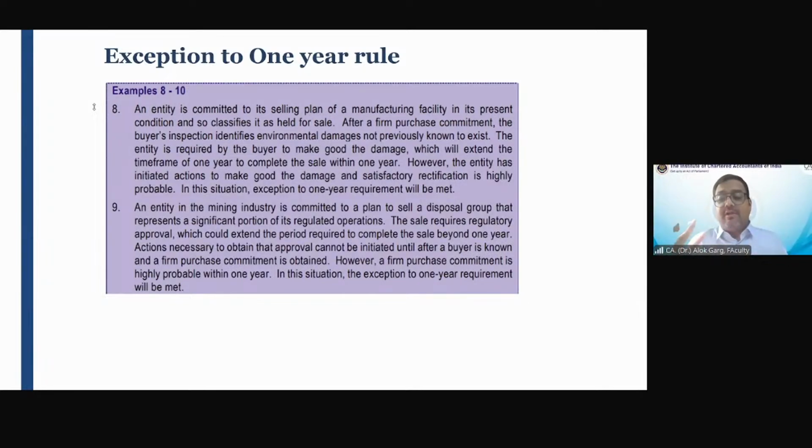In the last example, it was told that if the shareholder has given consent, the only thing is they have to vote in the meeting, but they have given an irrevocable consent in writing. In that case, this AGM is only a formality. So you can say that management, including the shareholder, is committed to sell the asset. It is not required in every case.